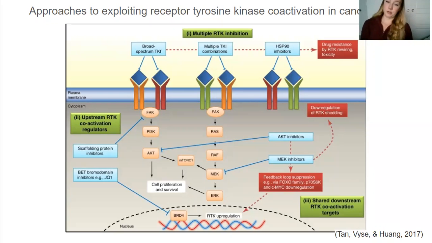One commonly prescribed tyrosine kinase inhibitor targets the epidermal growth factor receptor, which is used against non-small cell lung cancer, for example. So we have first, second, and third generation epidermal growth factor receptor tyrosine kinase inhibitors that have been formulated with different mechanisms to try to target specific activating mutations.